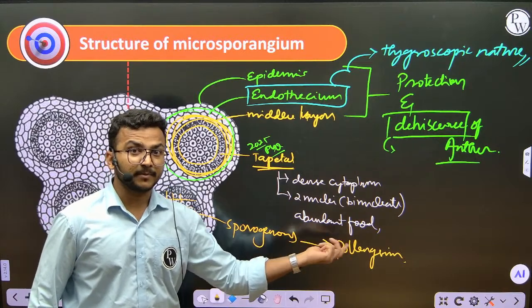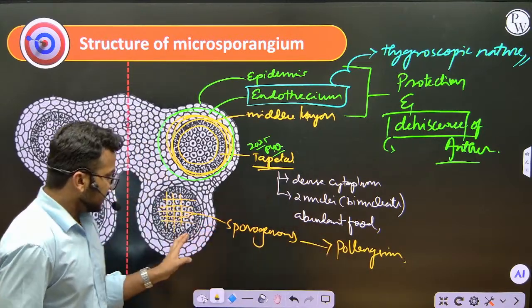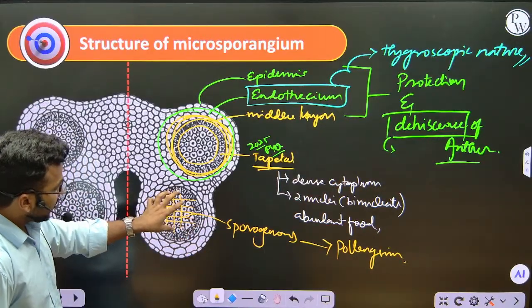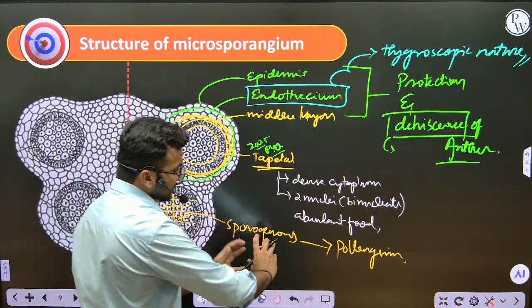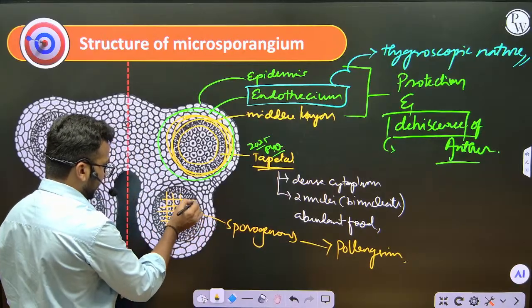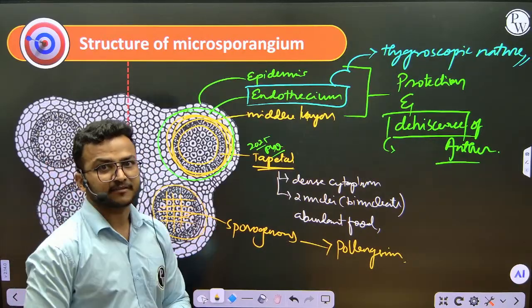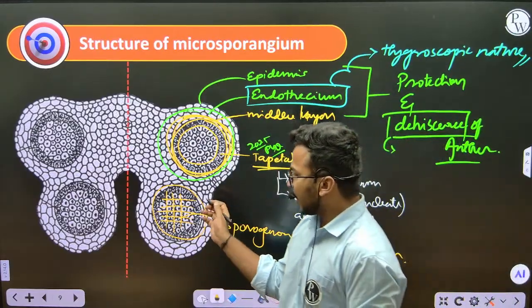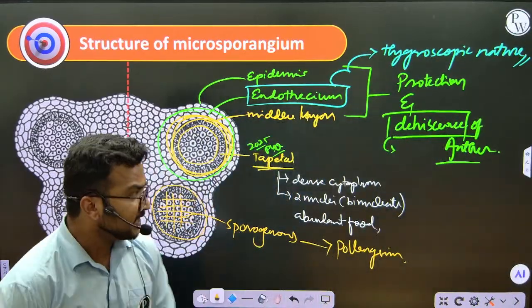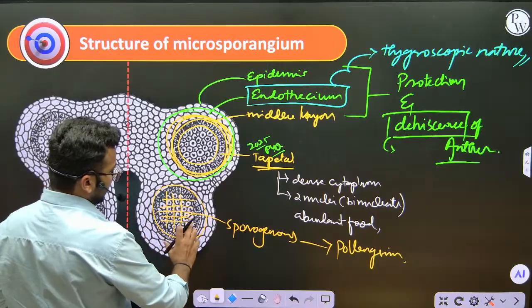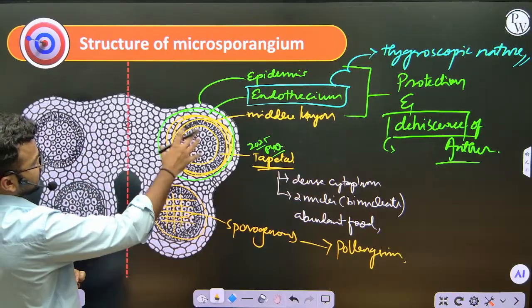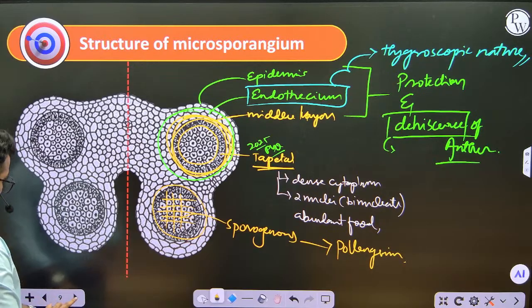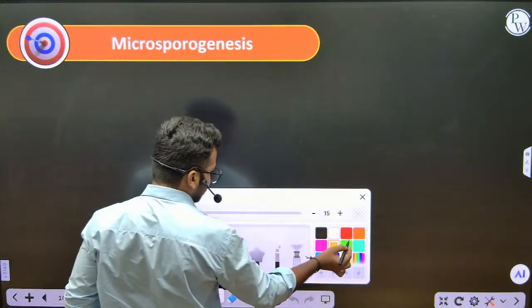Because the sporogenous cells are getting converted into pollen grains, I will call these pollen sacs, in the sense of pollen bags. So this is about pollen grains and the sacs present in the microsporangium or anther.